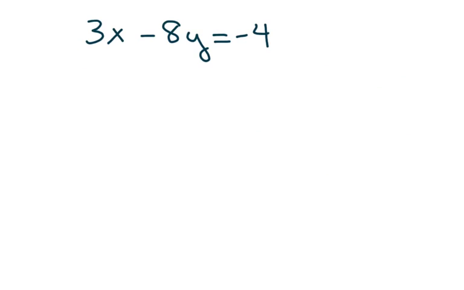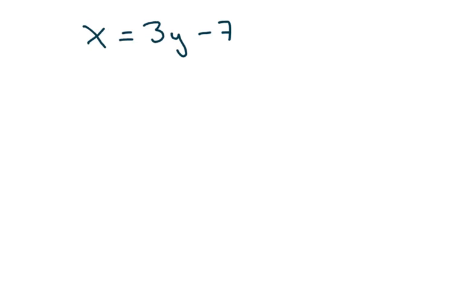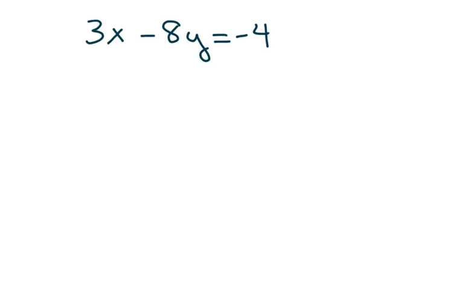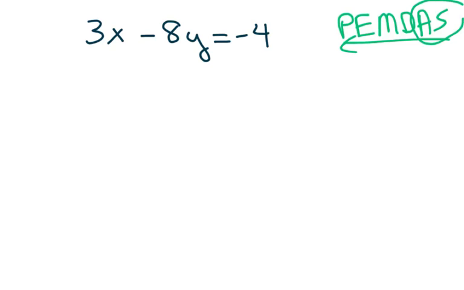Okay, the next one, I have 3x minus 8y equals negative 4. To isolate y, the first thing I'm going to do is, we're trying to do PEMDAS backwards, and we're asking ourselves, is there anything we can add or subtract to both sides to help isolate our y? Well, we can subtract 3x from both sides.